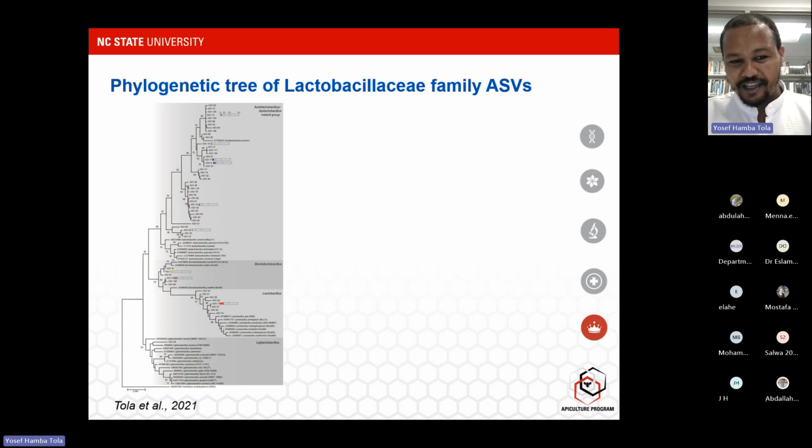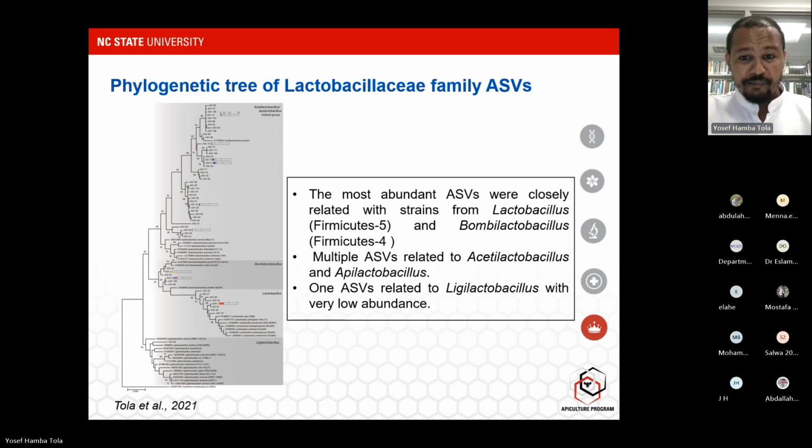Again, I got the reference species or strains from different continents, not only from Africa. If you look at this one, most amplicon sequence variants were closely related with a strain from Lactobacillus firmicus 5 and also Bombilactobacillus. However, multiple amplicon sequence variants are related with Acetilactobacillus and Apilactobacillus.